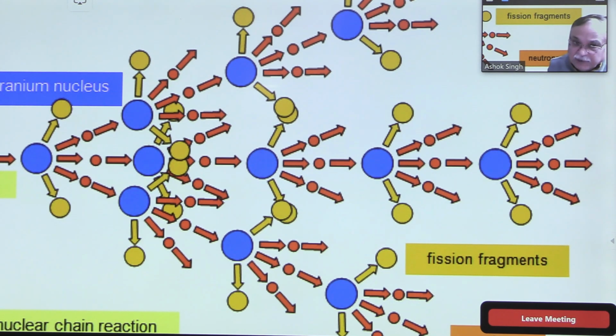But to split a uranium nucleus, you need a slow neutron, which is technically called a thermal neutron. So the ones that are produced are fast neutrons moving rapidly. The ones that will actually go and split the uranium nucleus should be slow neutrons, thermal neutrons.